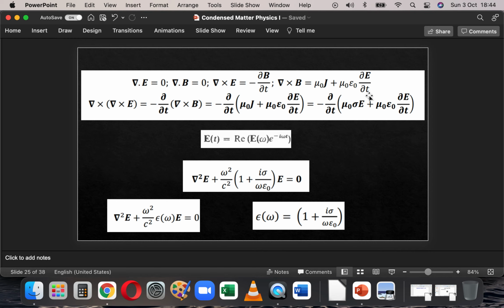In this expression for the del cross B, you have the current density J, and that is equated to sigma E, and that's where the sigma comes into play. So you can insert this, do the standard math for the wave equation, and you will be able to derive this form for the wave equation. And this term within brackets can now be written as a frequency dependent dielectric constant, which is given by this.